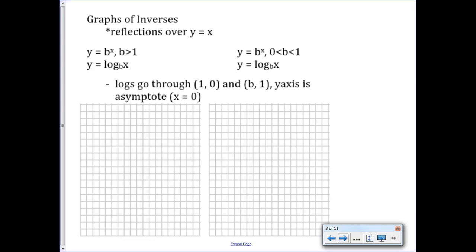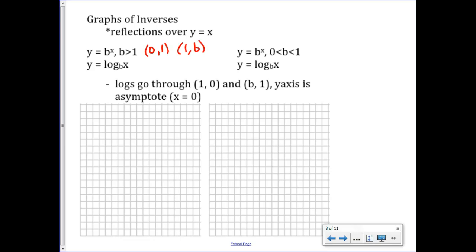Okay, so then when we graph inverses, we know that we're switching the x and the y. It's a reflection over y equals x. So remember, when you graph your exponential functions, they go through (0, 1) and (1, b).